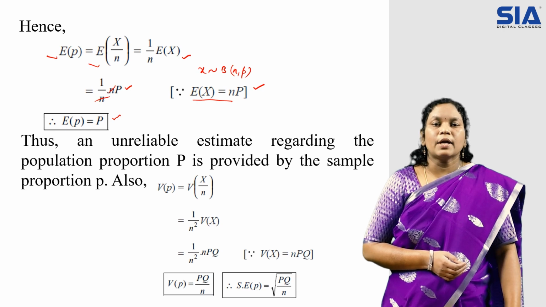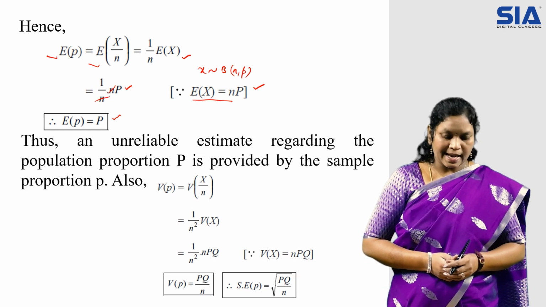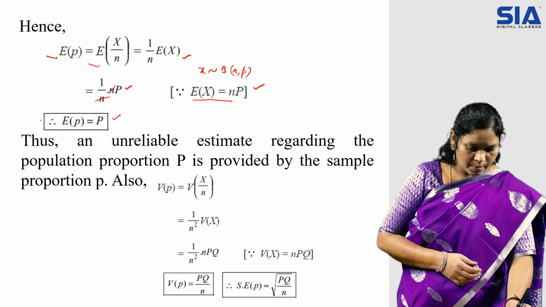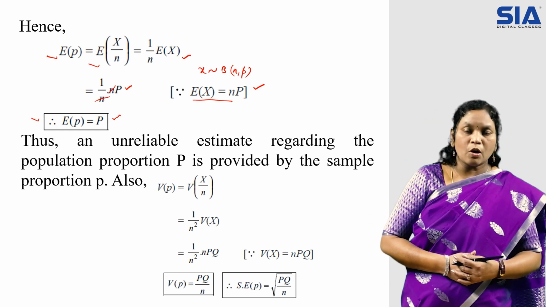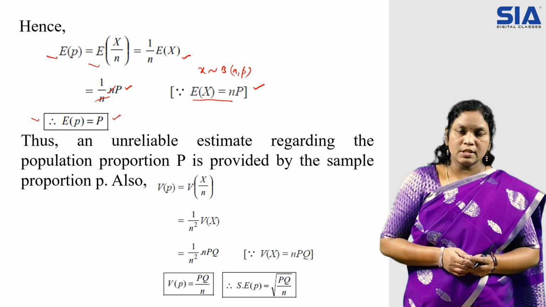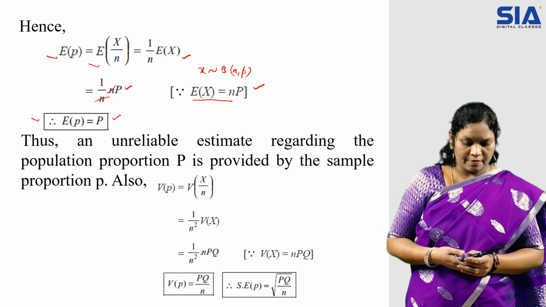So you have to write properly here. Small p refers to the sample proportion, capital P to the population proportion. So expectation of small p I've got as capital P, that is the proportion for the population. So expectation of p we have done.